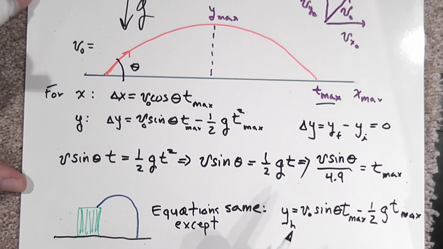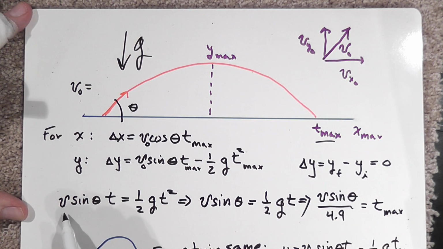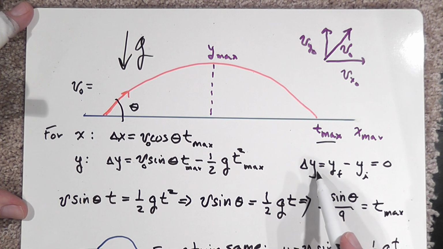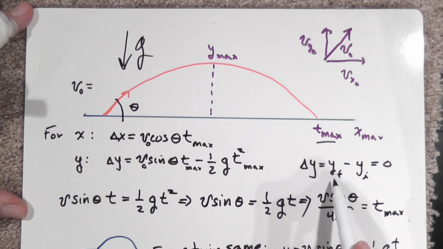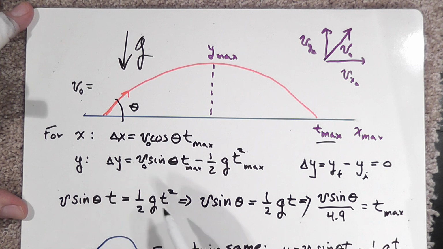We use this equation, but delta y is going to be 0. The initial y starts off as 0 and the final y is 0 too, so that makes delta y 0. In that case, we can use algebra and solve for time.